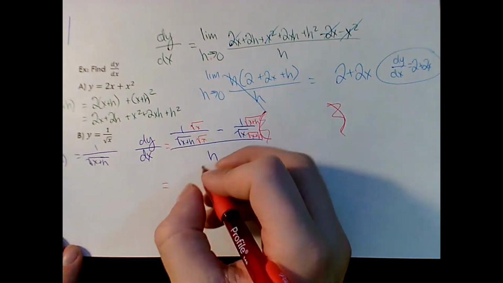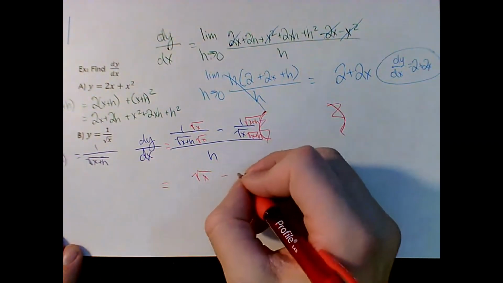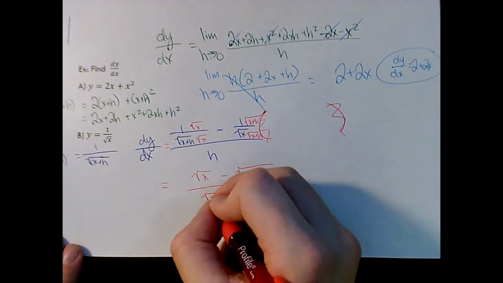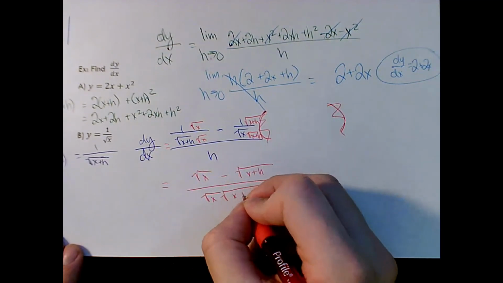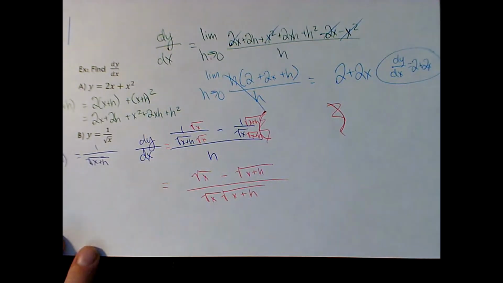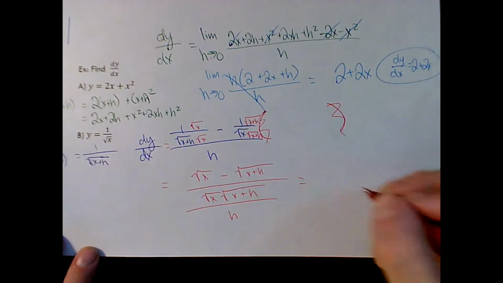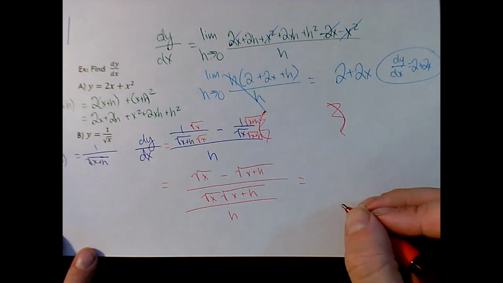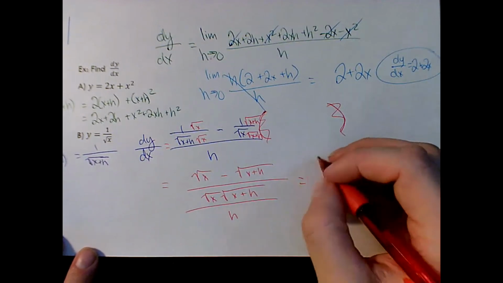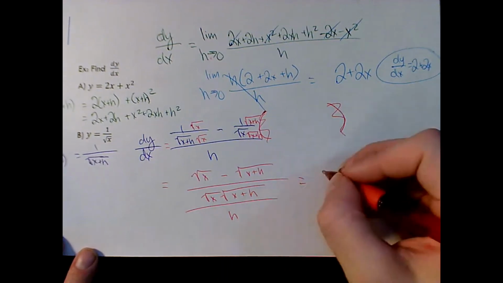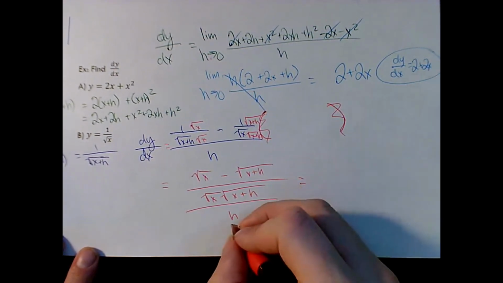And that's going to give us root x minus root x plus h over root x times root x plus h, and that's going to all be over h. That is the same thing as, let's kill 2 birds with 1 stone here.